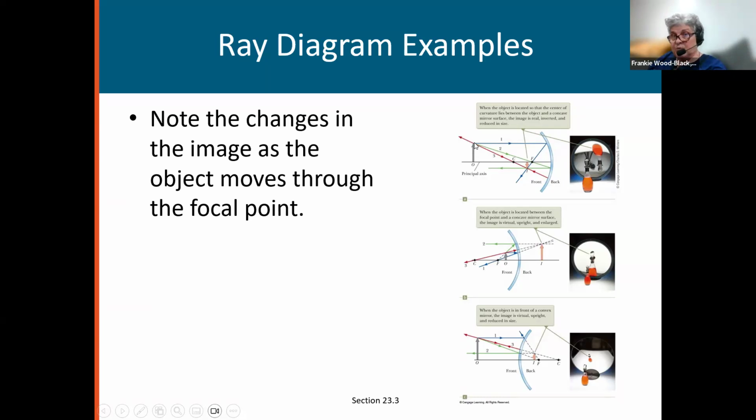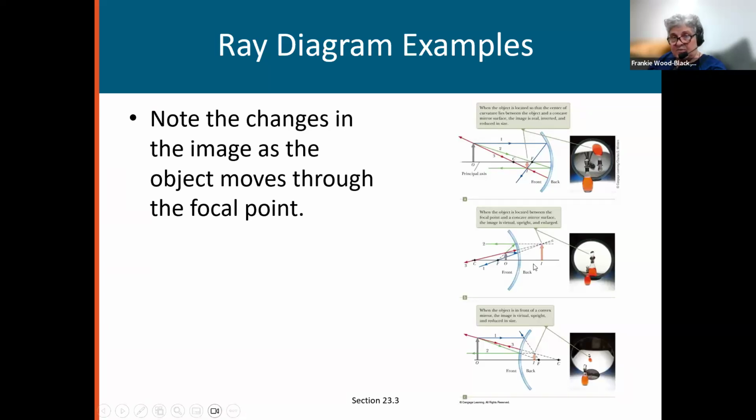So for my first one, we're going to go directly across parallel to the principal axis and through my focal point, and voila, that gives me my first one. I'm going to use my radius of curvature as my second one. This works out really well. And then I can use my focal point and bounce out here. And you can see that all three rays come together.